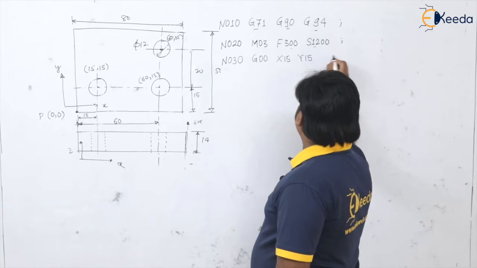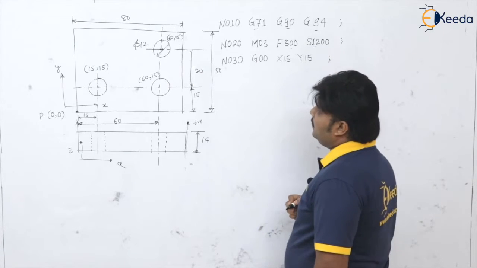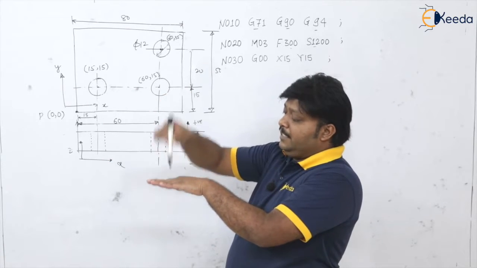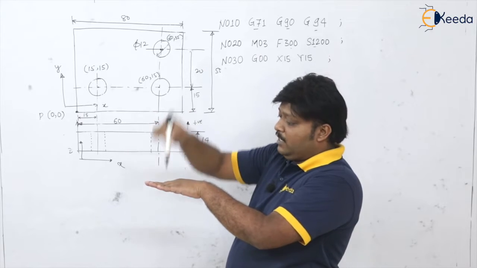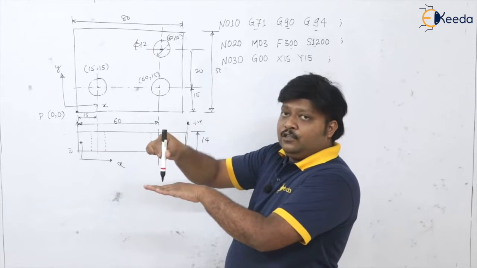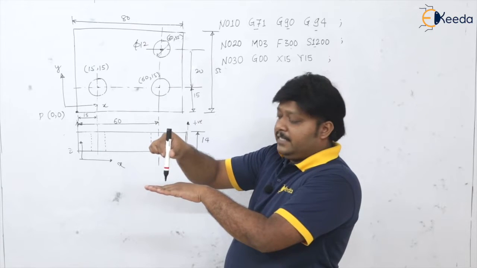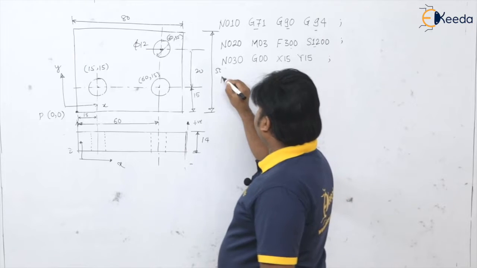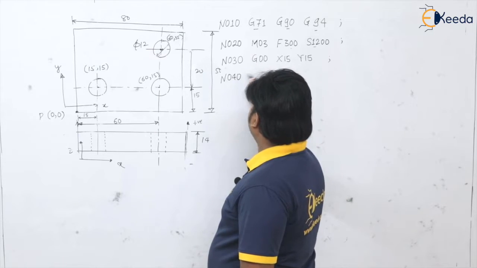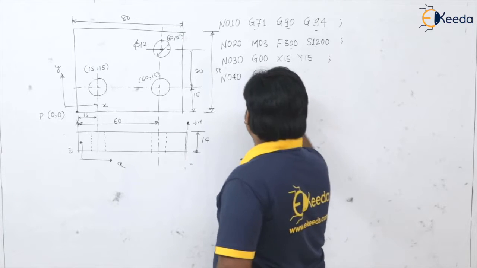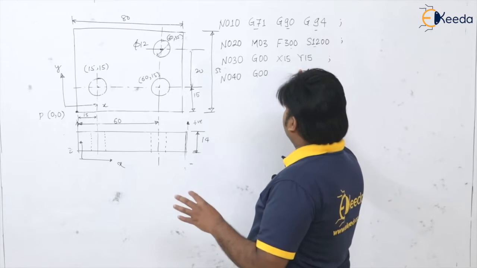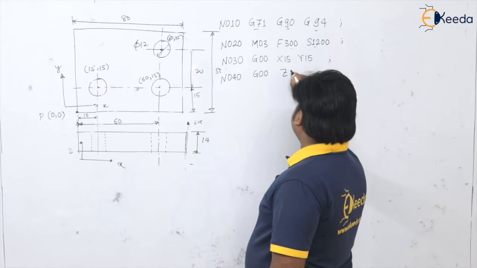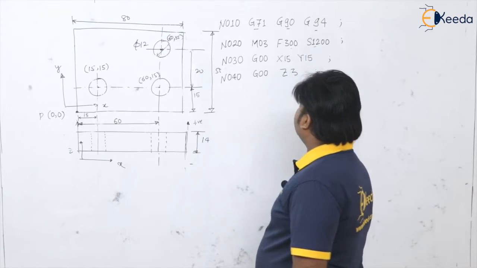This block is over. Still the drill bit is 20 mm up from the surface. Now I am rapidly moving the drill to just 3 millimeter above the work surface, so I can write N040, Z3. The tool is at the same point X15, Y15; only thing is that Z is 3 millimeter.